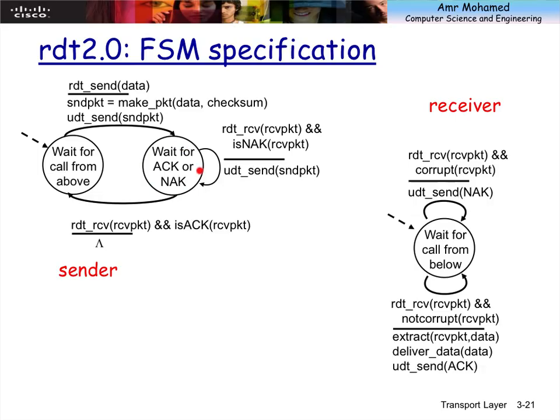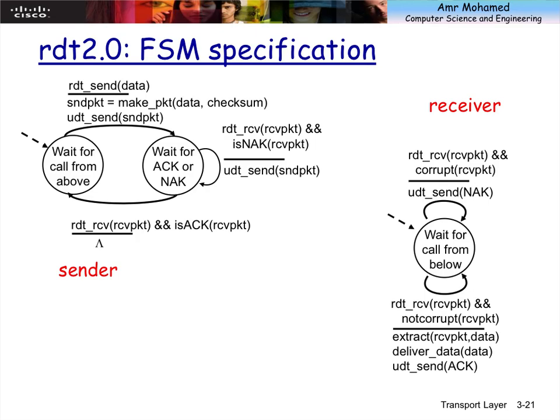So if I'm waiting and I receive a negative acknowledgement, that doesn't work for me. I have to send the packet again and wait for an acknowledgement. I will have to do this forever until I get a positive acknowledgement, because here I'm providing 100% reliability.